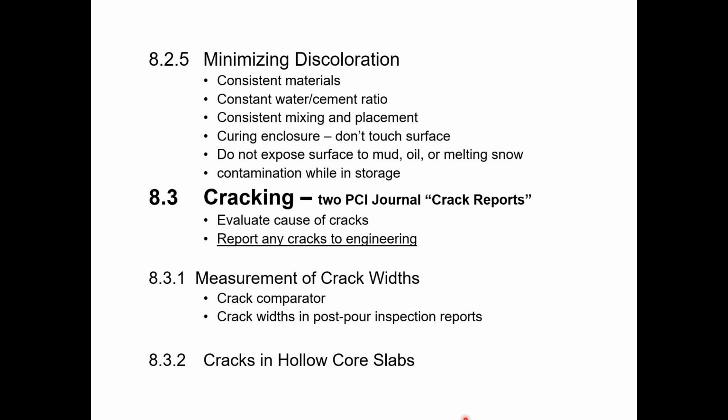The idea is you would lay this clear card directly flat over the top of the crack, and then you would move the card until you find the line that best matches the width of the crack, and that tells you, okay, that crack is 6/100ths of an inch wide. The other side has the same thing, but in millimeters. And so that'll let you obtain an accurate measurement of those crack widths.